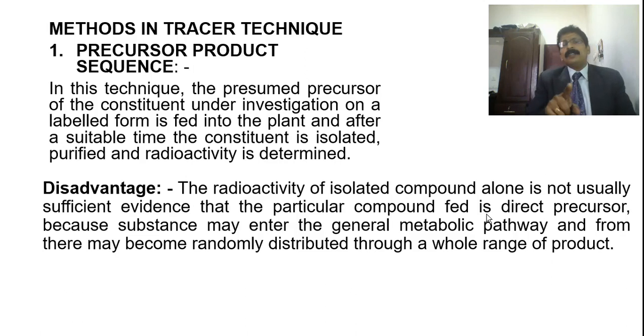Disadvantage: the radioactivity of the isolated compound alone is not usually sufficient evidence that the particular compound fed in acted directly as a precursor, because the substance may enter into the general metabolic pathway and there may be a random distribution through the whole range of products.